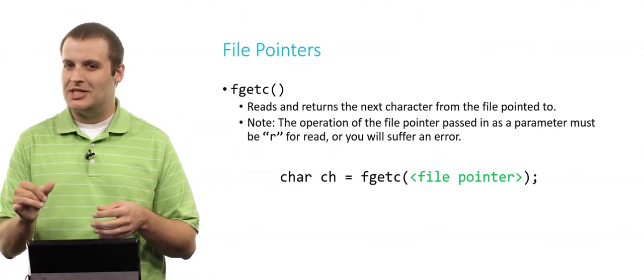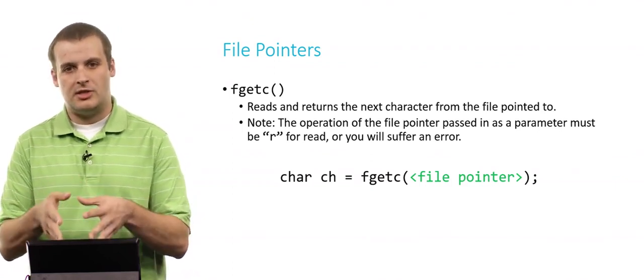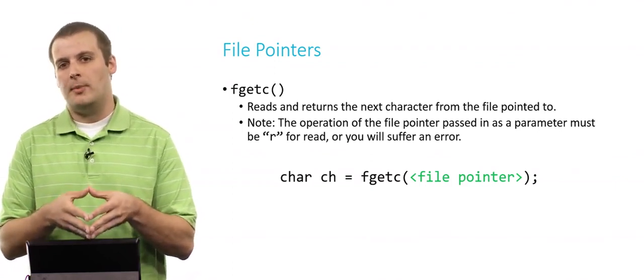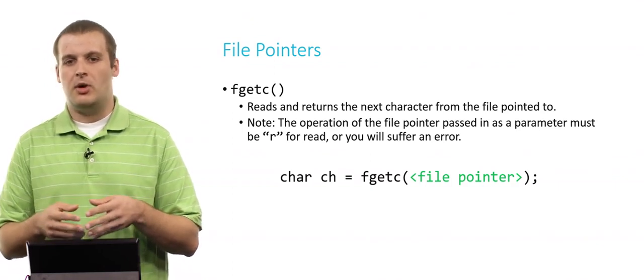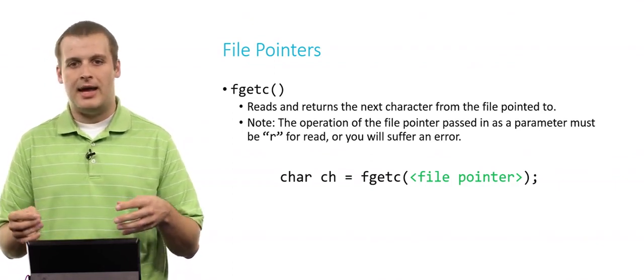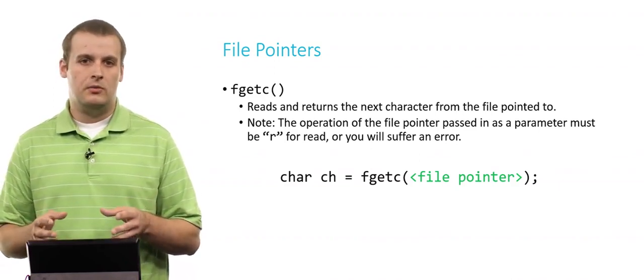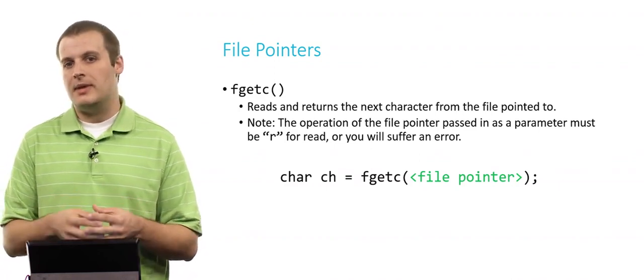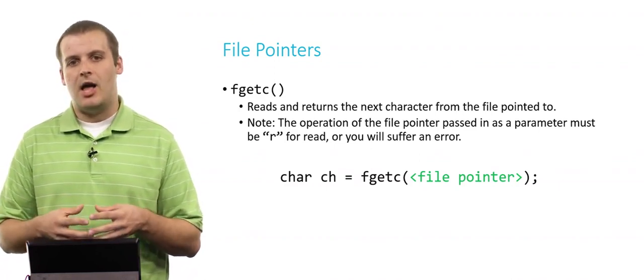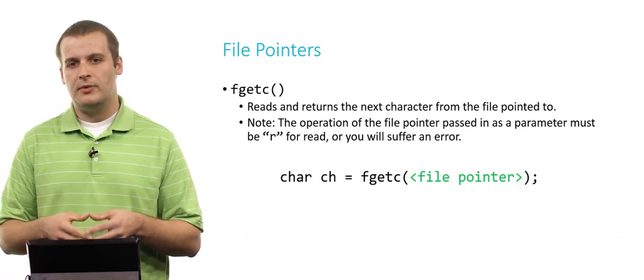So that's one of the limitations of fopen, right? We have to restrict ourselves to only performing one operation with one file pointer. If we wanted to read and write from the same file, we would have to open two separate file pointers to the same file, one for reading, one for writing. The only reason I bring that up now is because if we're going to make a call to fgetc, that file pointer must have been opened for reading.